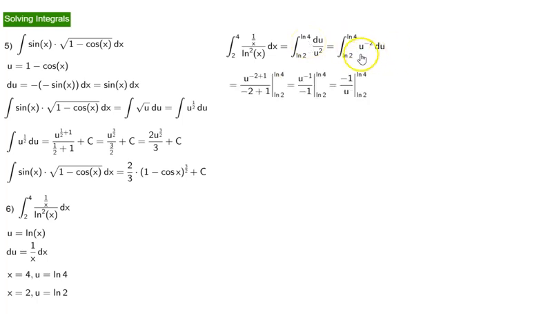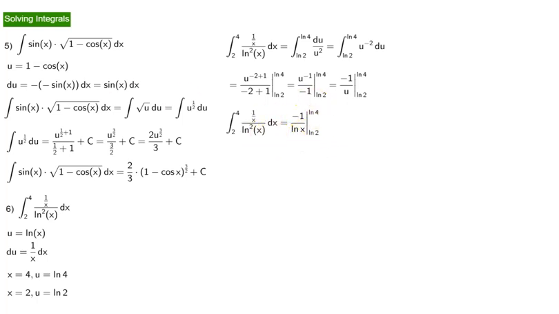When we integrate, we get u to the power of minus 1 by minus 1 from natural log of 2 to natural log of 4. Minus up and u to the power of minus 1 down. So we get minus 1 by u from natural log of 2 to natural log of 4.